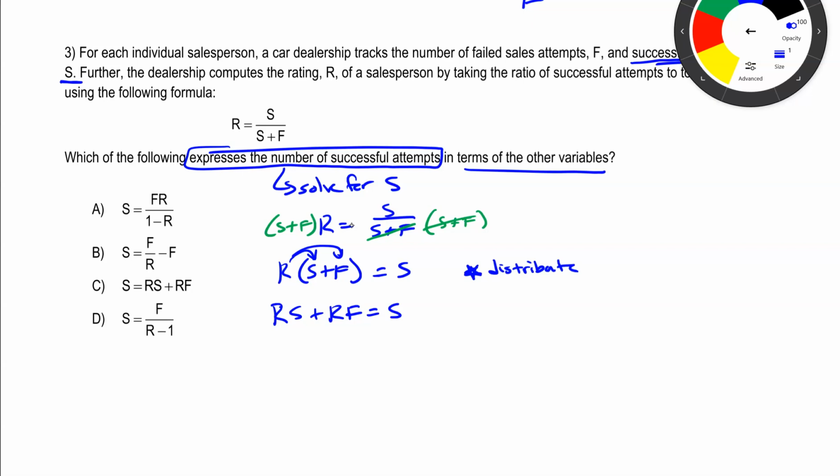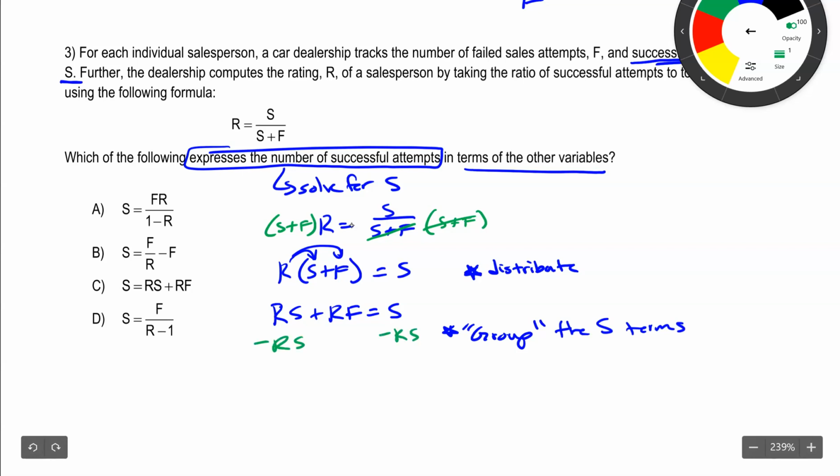The next step is I want to group the S terms. I need to get all the S stuff on one side. So I would subtract this RS over.